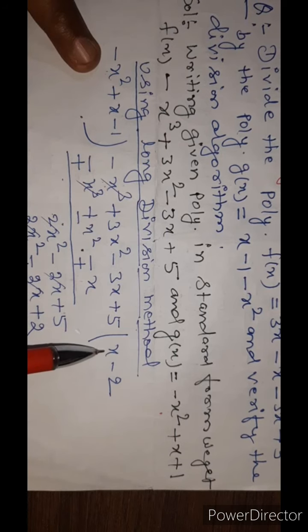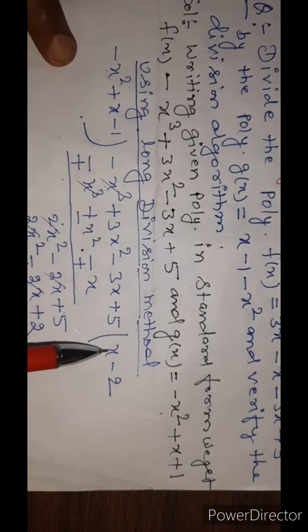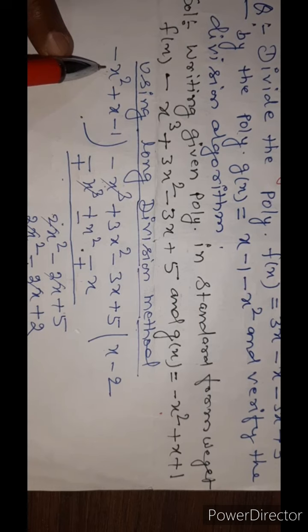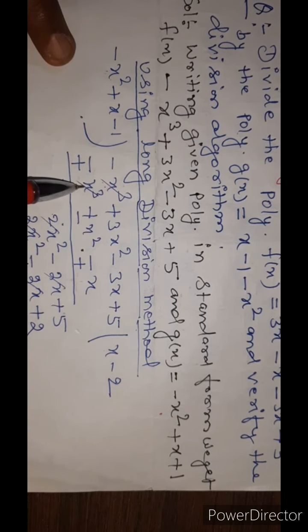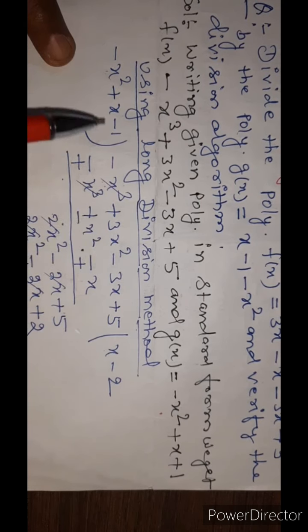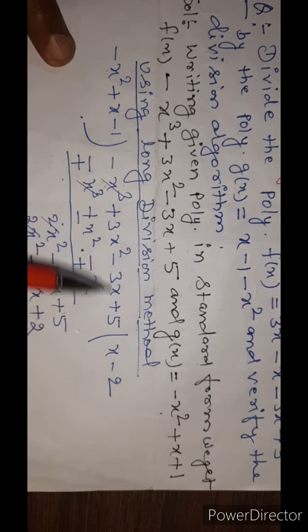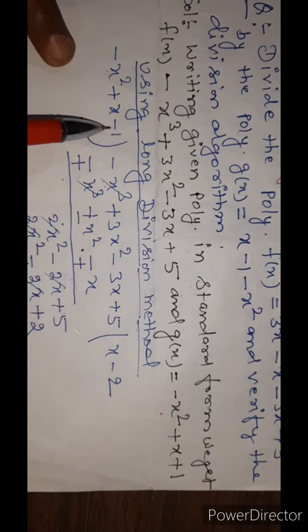So I have taken x. When you multiply x into minus x square, it will be minus x cube. Again x multiplied by x will be x square, plus x square. When x is multiplied by minus 1, it will be minus x.